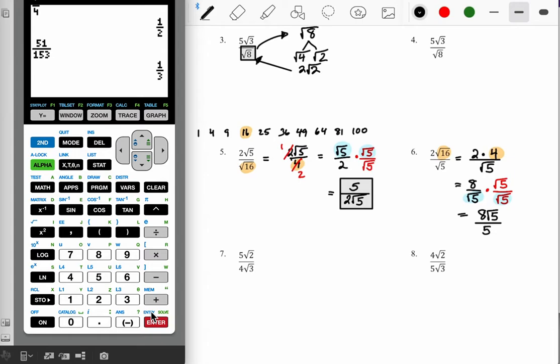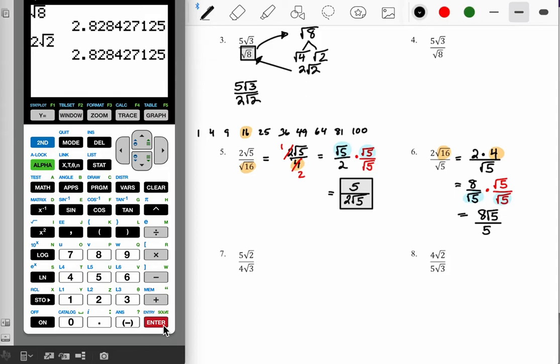Now I have a new expression: 5 radical 3 over 2 radical 2, because radical 8 and 2 radical 2 are equivalent to one another. If I type them into the calculator, radical 8 gives you that decimal, and 2 radical 2 gives you that decimal. Timing was a little off, but you see that they're equivalent, so you know they mean the same thing.